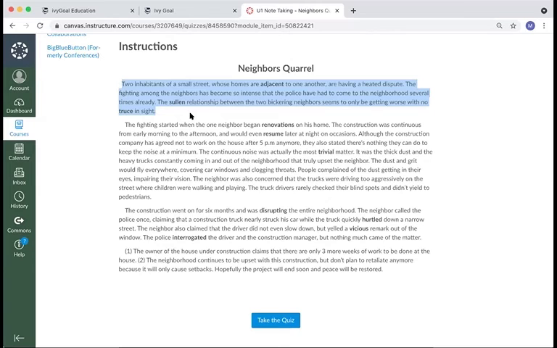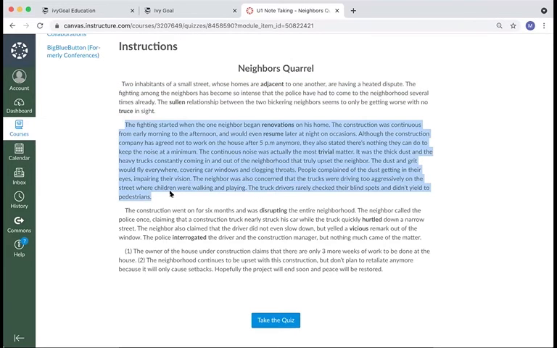Good. Okay. Can I get another volunteer to read this next paragraph, please? I can read it. Great. The fighting started when the one neighbor began renovations on his home.